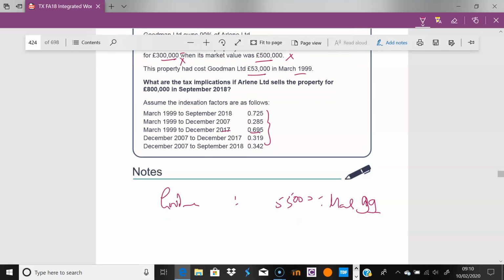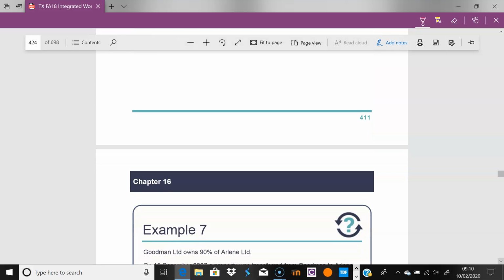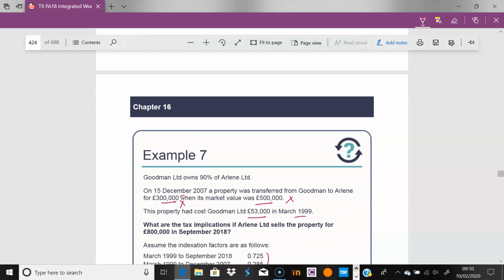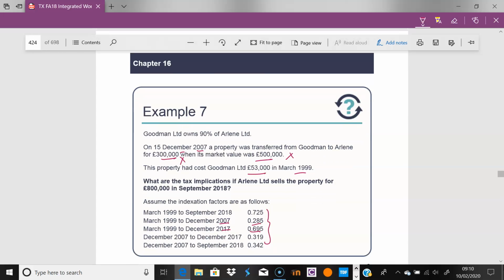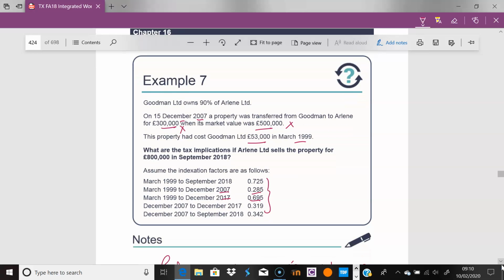So what we now have is the new base cost, so to speak, in December 2017, I believe it is. Did they give it to them? I think it was 17, not 7. Oh, 2007. So it was transferred 2007, forgive me, not 17. So transferred 2007, that's the inflation, 0.285. So what do I simply do?